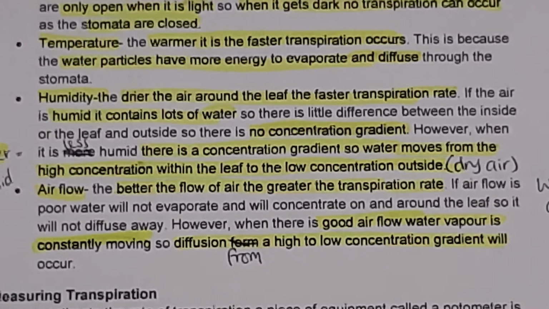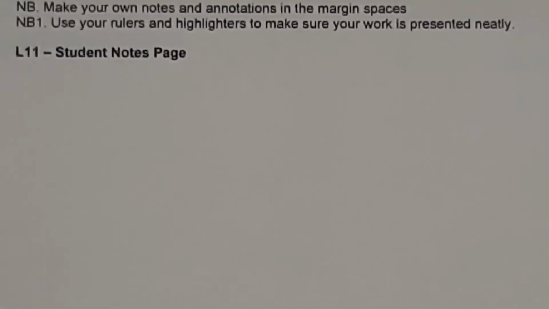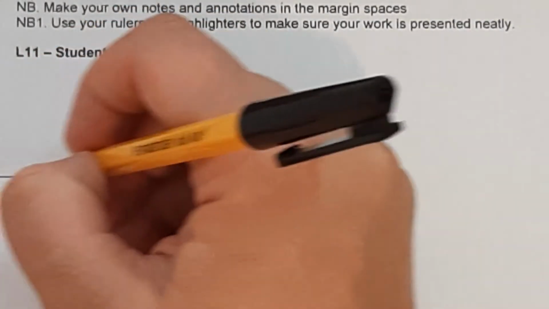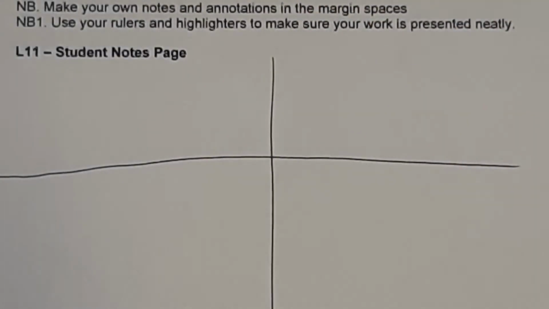Okay, so what we're going to do now is we're going to go to student notes page, because I think this can be summarised in a much nicer diagram. Okay, so student notes page, page 50. And we are going to factors affecting transpiration.